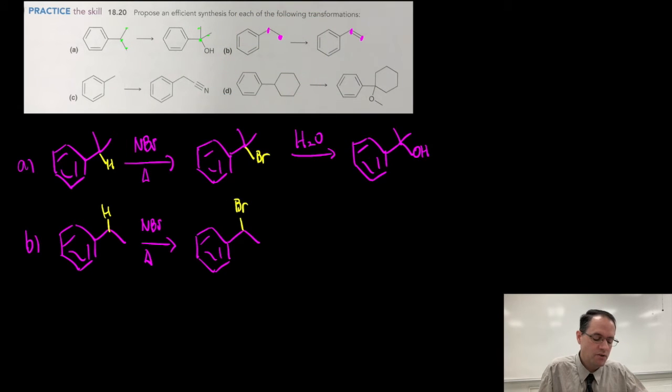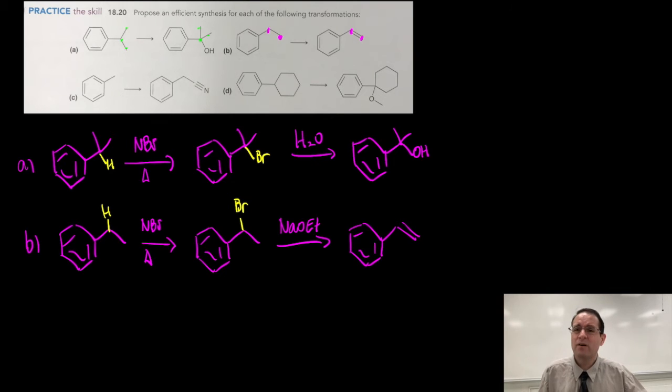And then we can treat this with sodium hydroxide. We could treat it with sodium ethoxide or even sodium tert-butoxide, you know, to really get only the elimination product. So I'll use sodium ethoxide here. Okay, and that will give me styrene, okay, styrene.